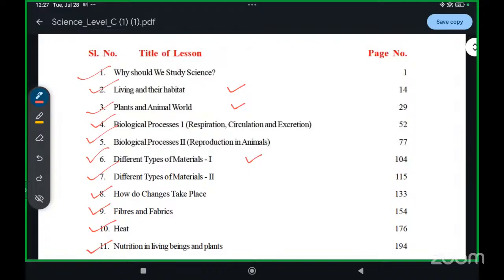The next science test is next to next week, on, let's see, the ninth chapter, fibers and fabric. Abhijay was there, right, when I did the ninth chapter? Ma'am, the one with the sheep wool and all that stuff. Yes, the sheep wool chapter. Okay, so the ninth chapter test will be next to next week.